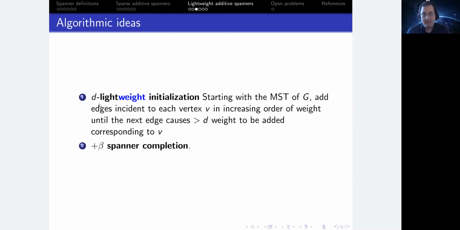And this will be the completion of the initialization step. And then the second phase of the lightweight spanner algorithm is we're going to do a spanner completion as before, where we iterate over each vertex pair and ask, is the spanner inequality satisfied for that pair? If not, then we'll add the shortest path to the spanner.